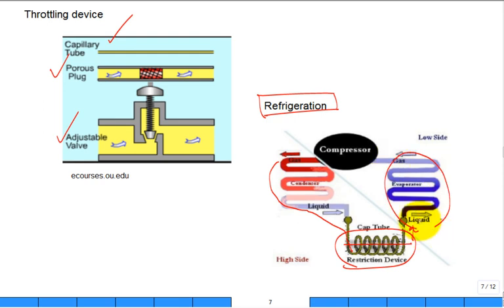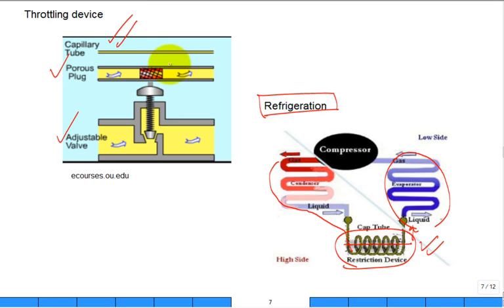Most of it's liquid when it comes out of the capillary tube, some of it's vapor. But this is not a joke. They're all over. I would say more than half of you have one in your kitchen or in some refrigerator. If you have a dorm and you have a little refrigerator on the desktop, you could probably see it. Just turn it around, look at it, look underneath. Okay.